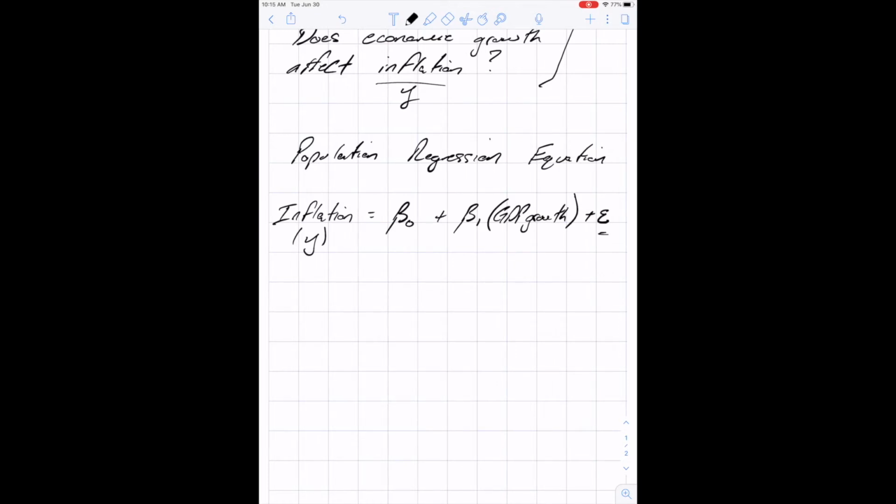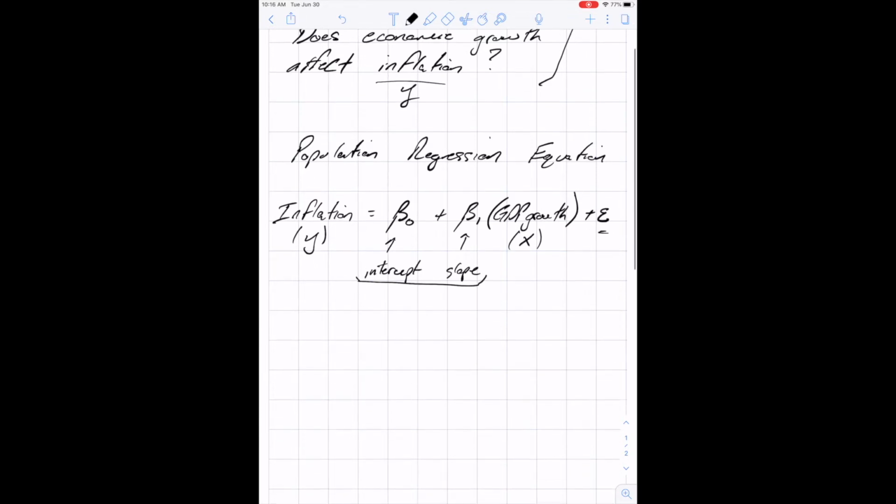So remember, we always have 4 components, and then we really have 5 once we have this error term. For any simple linear equation, we have a dependent variable, an independent variable, a slope, and an intercept. These two are our unknown population parameters. This is the stuff we're trying to estimate.